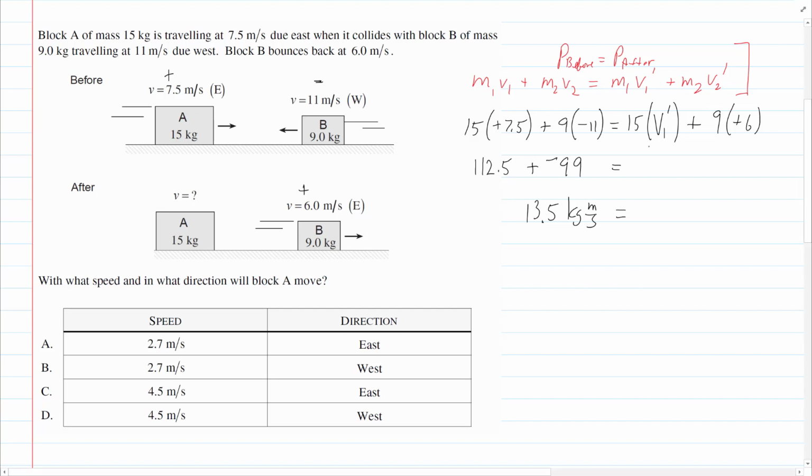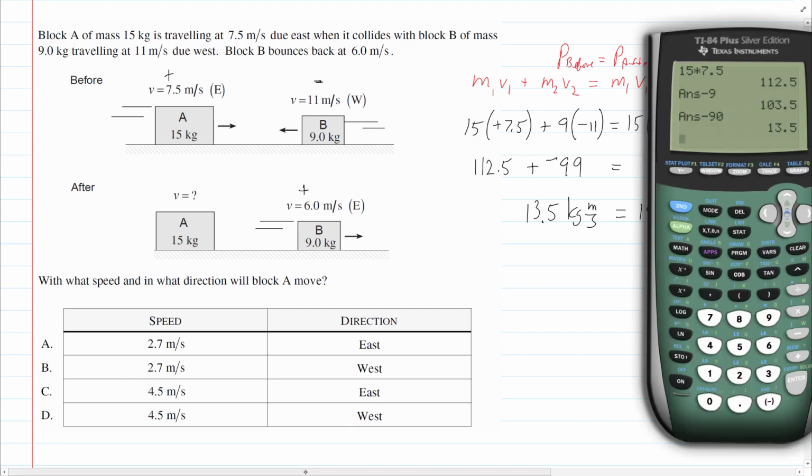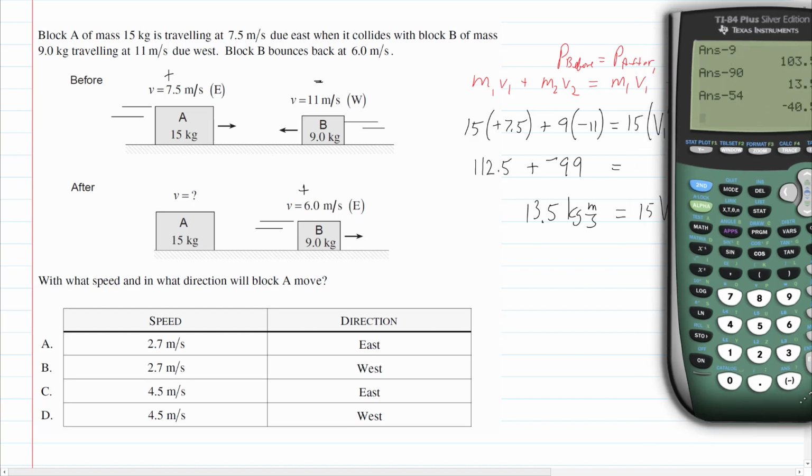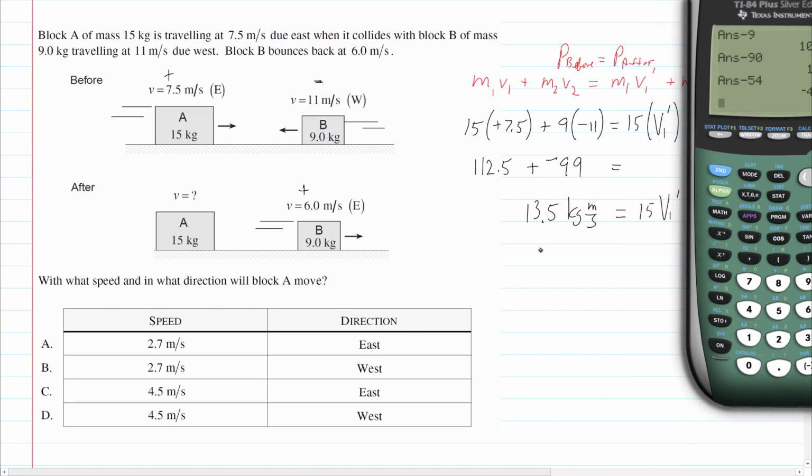V1 prime plus 54. Okay, so bring the 54 over to the other side. So subtract 54, and we get negative 40.5 is equal to 15 V1 prime.